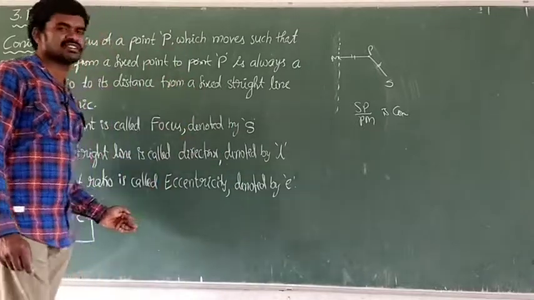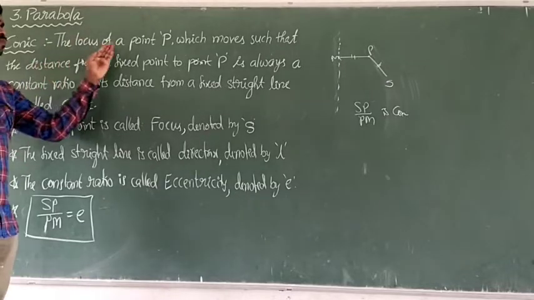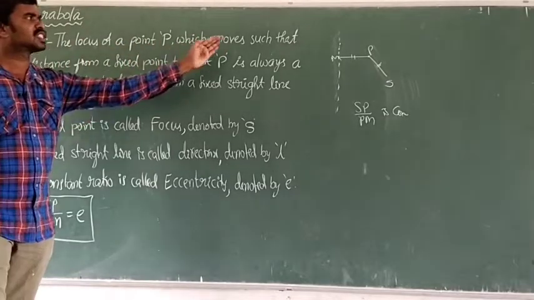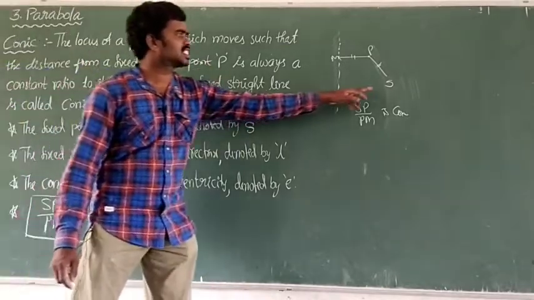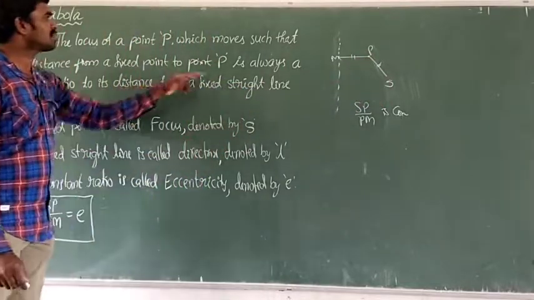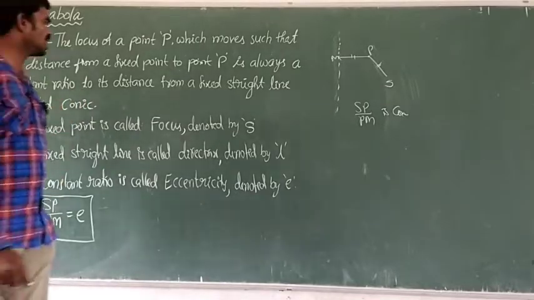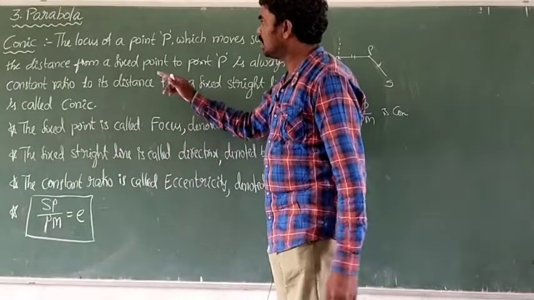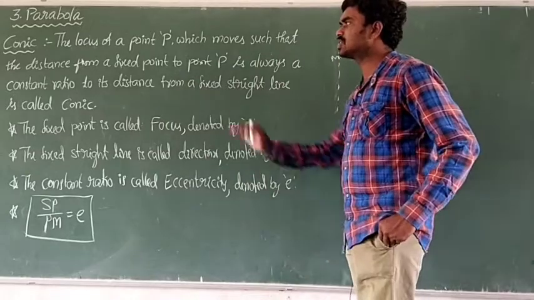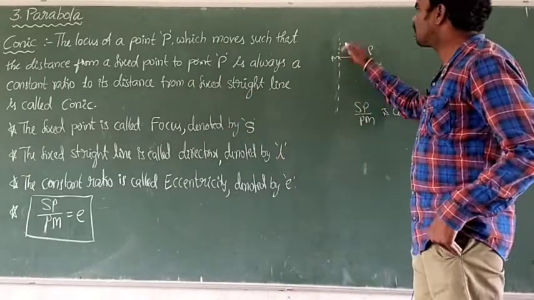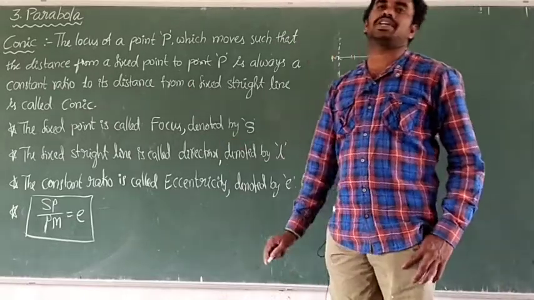The same definition is given here. Once see the definition of conic, please note it down. The locus of a point P which moves such that its distance from a fixed point is always in a constant ratio to its distance from a fixed straight line, that is PM, is called a conic.